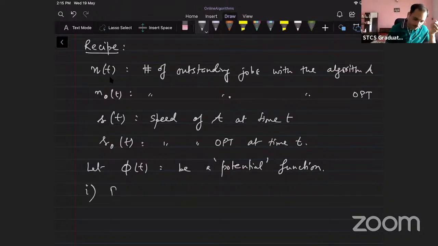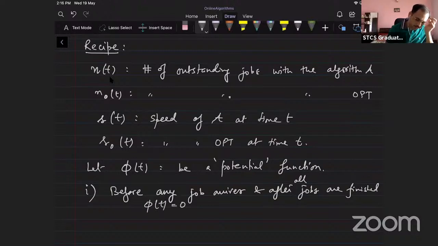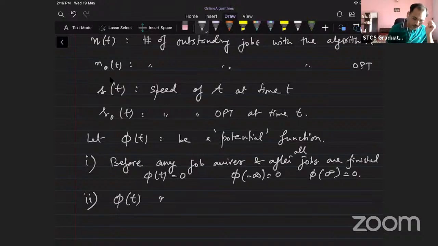One, before any job arrives and after all jobs are finished, phi is 0. That is, phi of minus infinity is 0 and phi of plus infinity is 0.